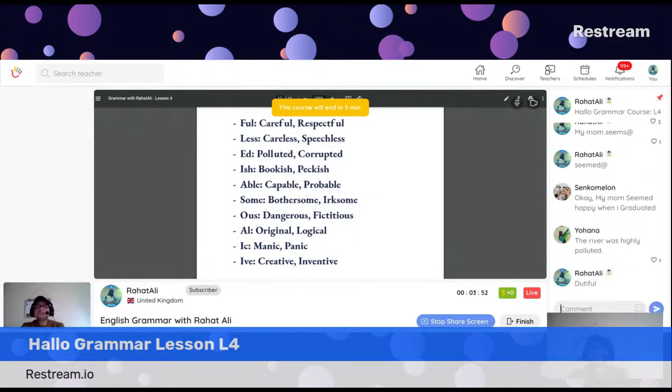The river is highly polluted. Yes, very good example, Ihona. I'm sorry, I think I lost Anna. River is highly polluted. Any other example with ish like? That is a common example, you know?